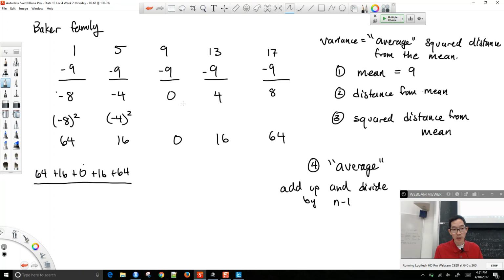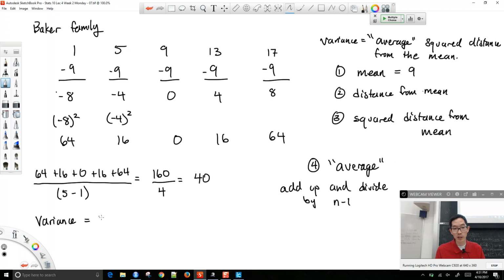I have 5 numbers, but I'm going to subtract 1 from that. When I add all of these up, I get 160, and instead of dividing by 5 for the average, I divide by 4, and I get 40. So 40 is my quote average squared distance from the mean. This is my variance.